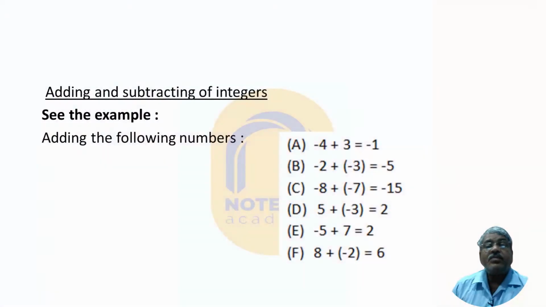Now you see another example. When you add two numbers, adding the following numbers, here I have given -4 and 3. These are the two numbers. Here minus 4 is what sign? A negative sign. 3 is a positive sign. When two different sign numbers are there and you want to add them, you simply subtract them.